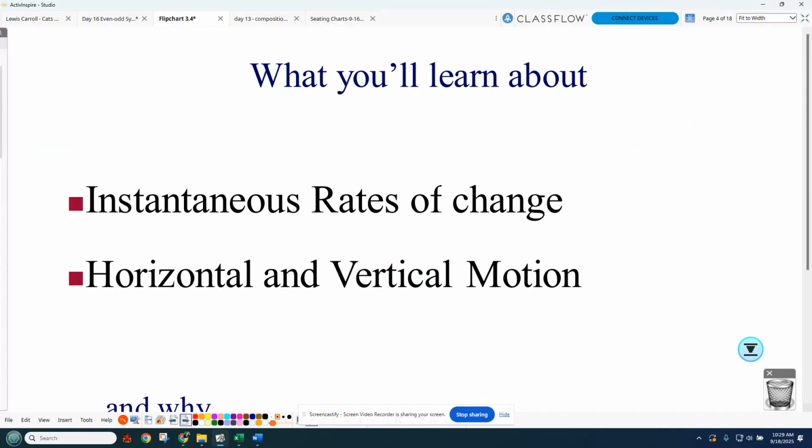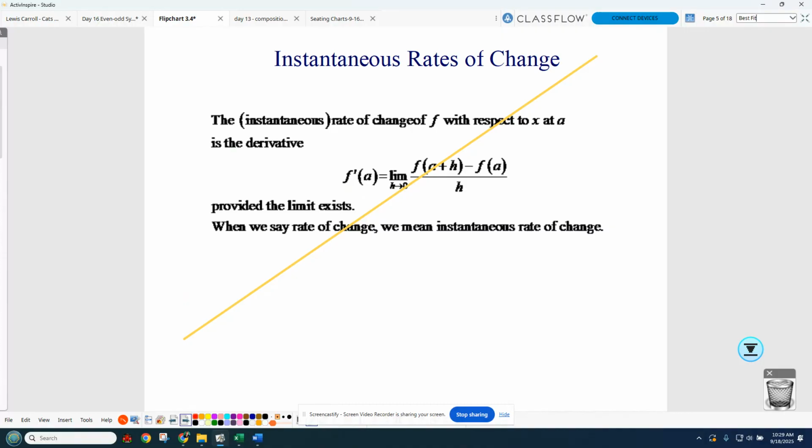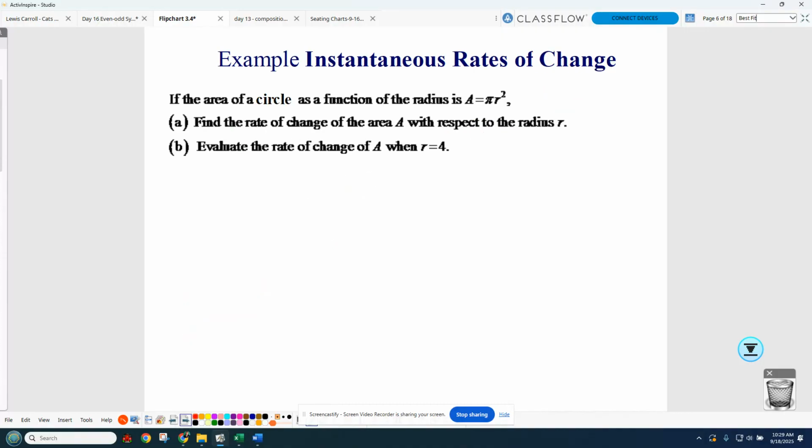Larger than life. Rates of change. Okay. Given the area of a circle's formula is pi r squared, find a formula for the rate of change of the area with respect to the radius.